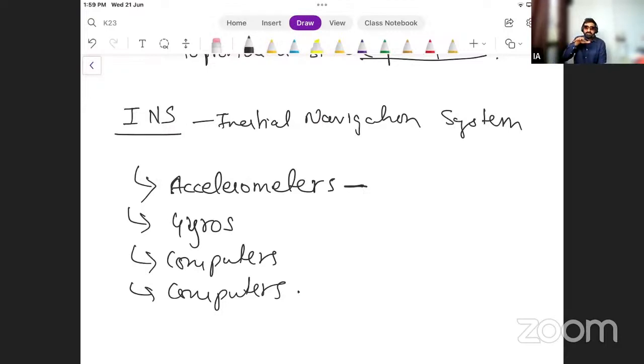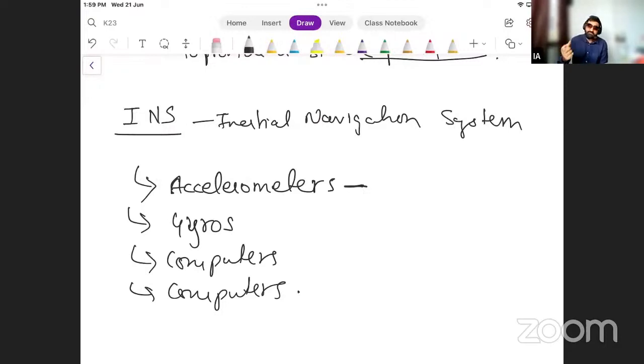So together, whenever the aircraft is moving forward, slowing down, turning left or turning right, these accelerometers will sense the difference in the movement of the pendulous device inside them, and little current variations will be fed to the computer, and the computer will give us the related data output. Now, what kind of data output can we get from an INS?